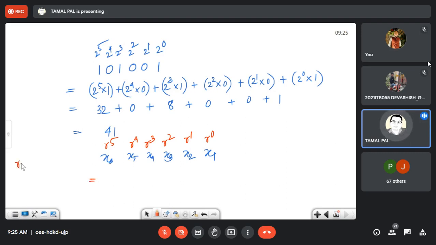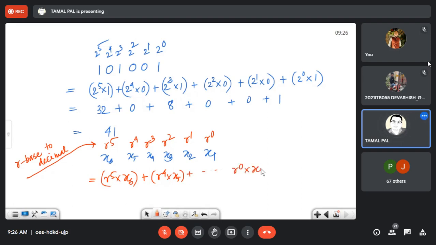It means base r to decimal. It will be r to the power 5 into x6, r to the power 4 into x5. Actually, in this way, r to the power 0 into x1.